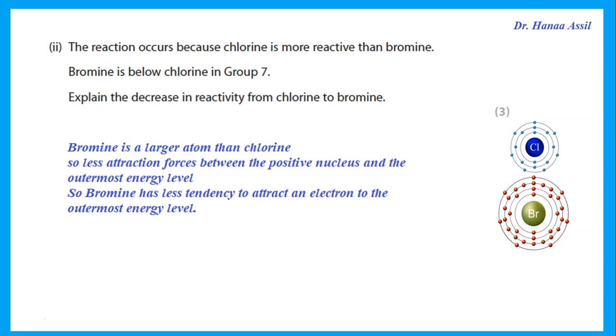Of course, the opposite applies to metals. If we say which metal is more reactive, it is the metal that is more likely to lose electrons. But for non-metals, the one that is more reactive is the one that is more likely to gain an electron.